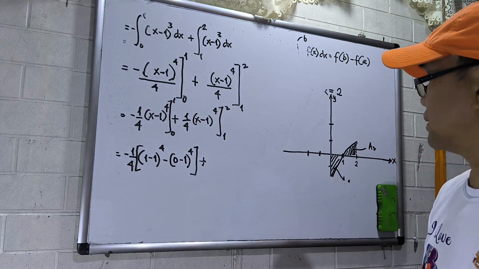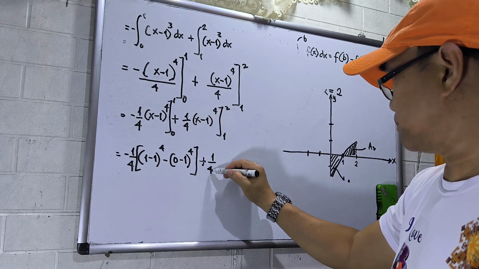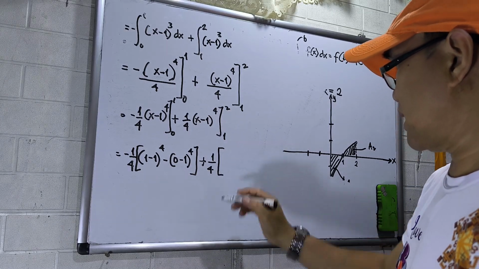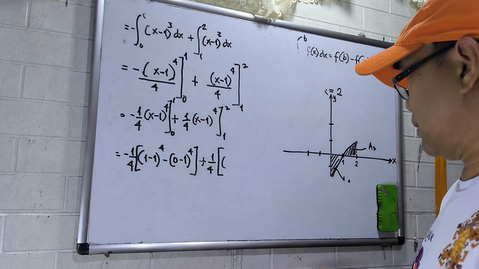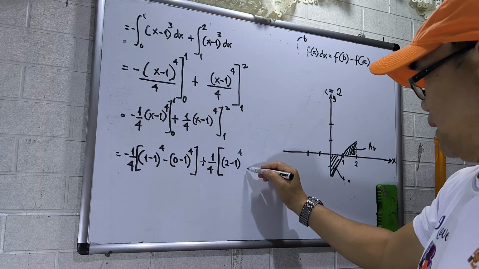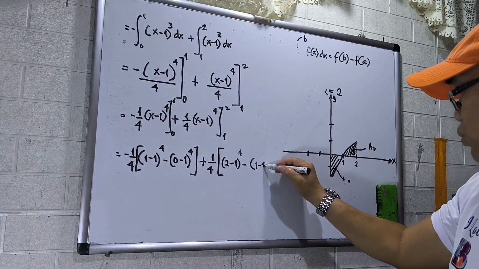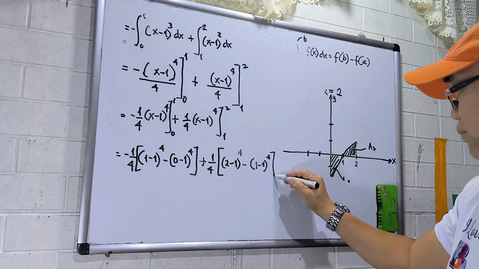Then plus 1 over 4 square brackets: 2 minus 1 to the power of 4, then minus (1 minus 1) raised to the power of 4.